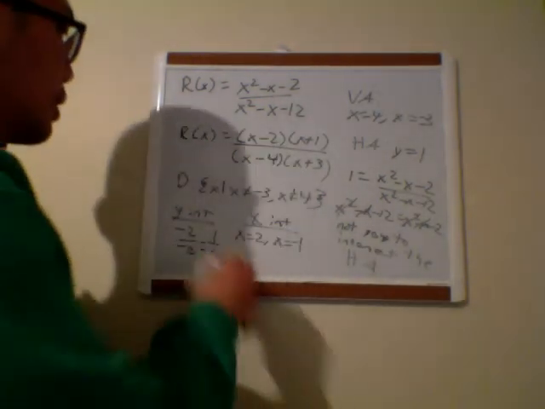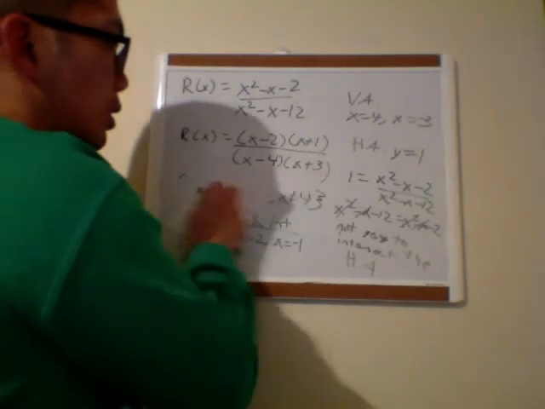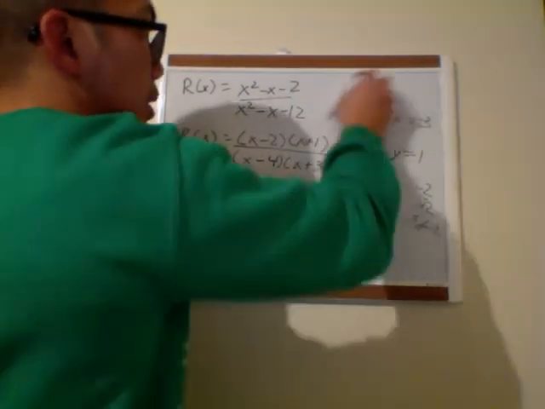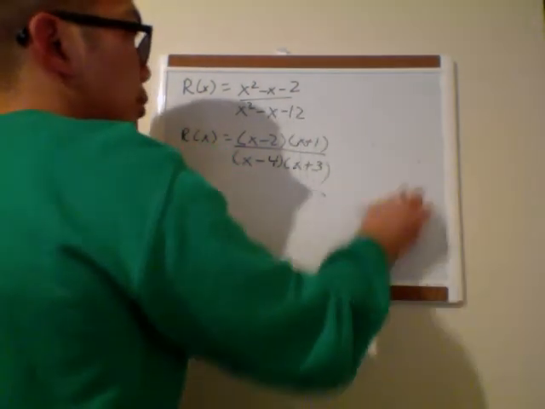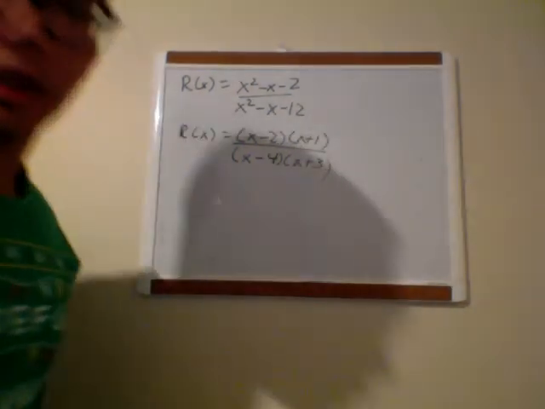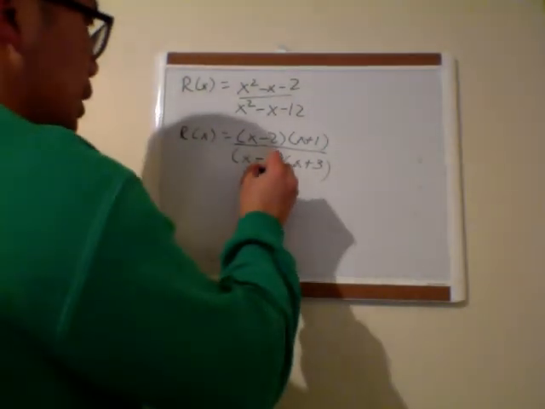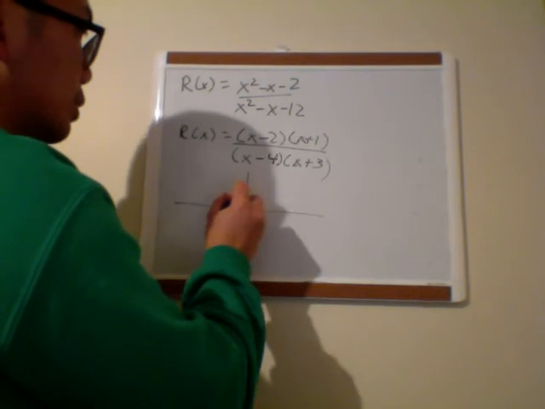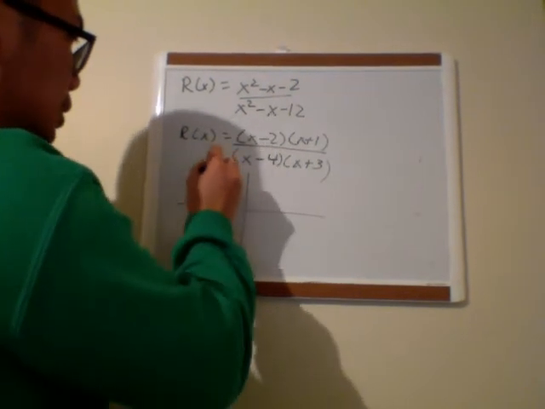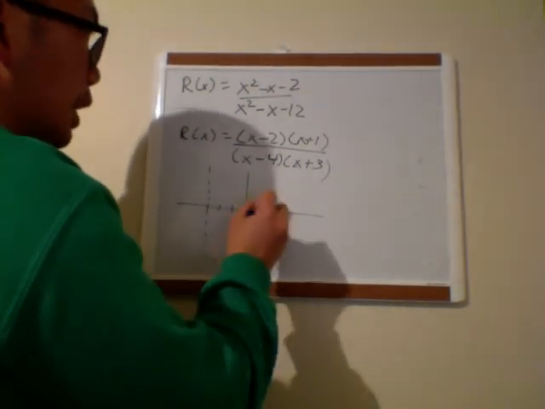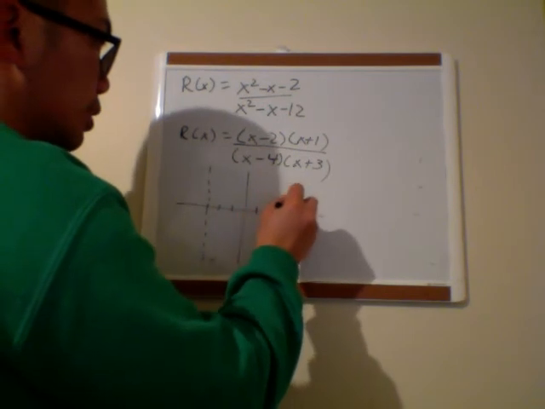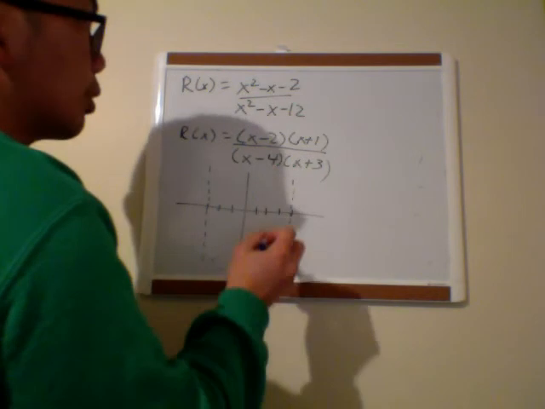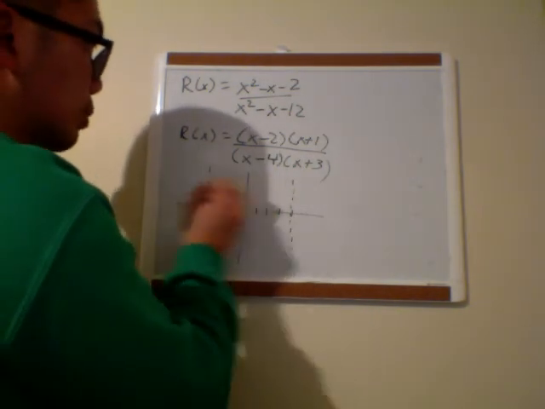So let's go ahead and graph what we know. Oh, I shouldn't have erased that. But I know that I have a vertical asymptote at -3. I know I have a vertical asymptote at 4. I know my horizontal asymptote is at y is equal to 1.